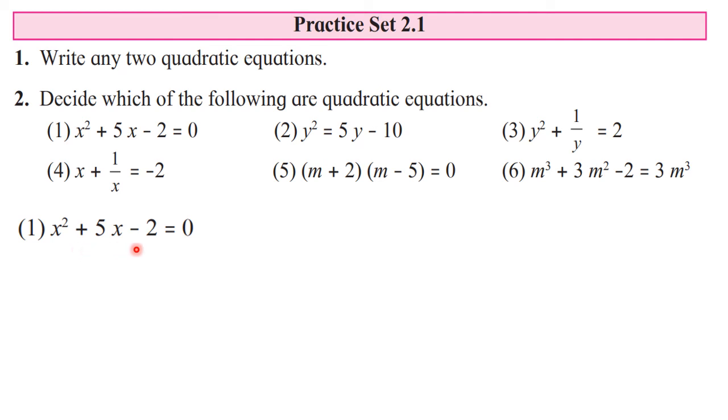So here that condition is satisfied, that the equation is in that form, that all the terms are on left hand side and equal to 0. That means the polynomial is on left hand side and then equal to 0 on right hand side.